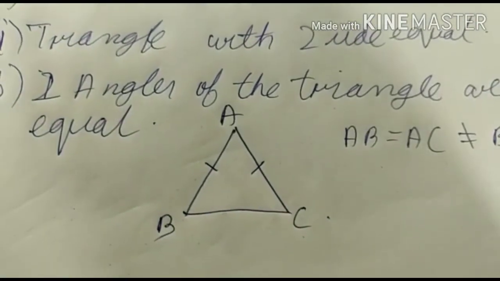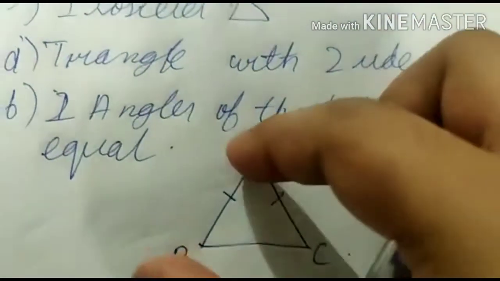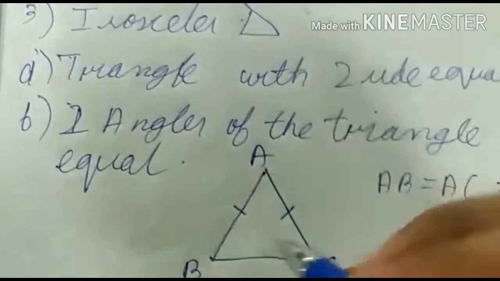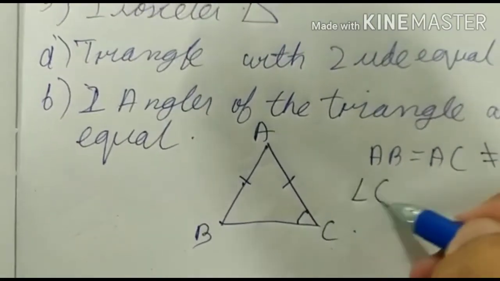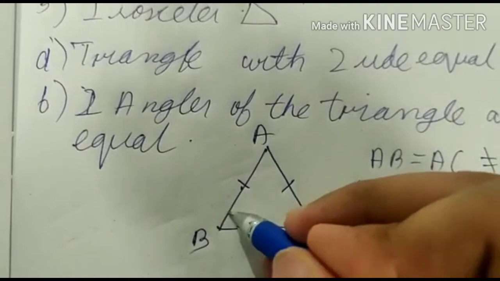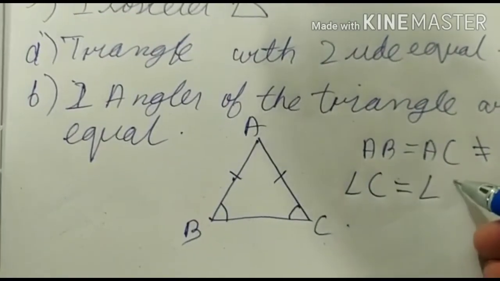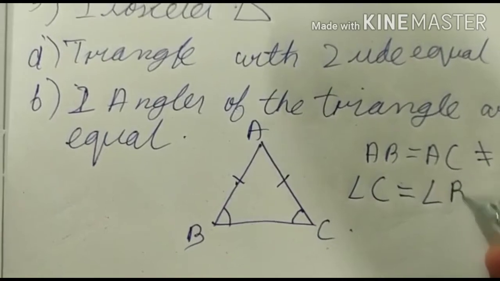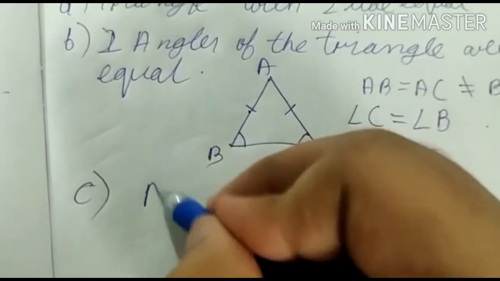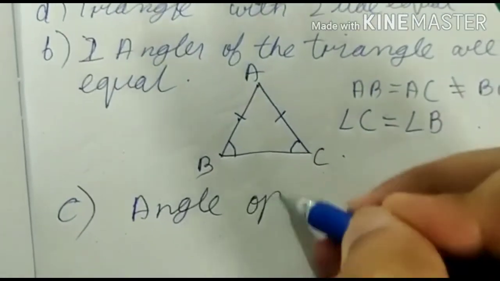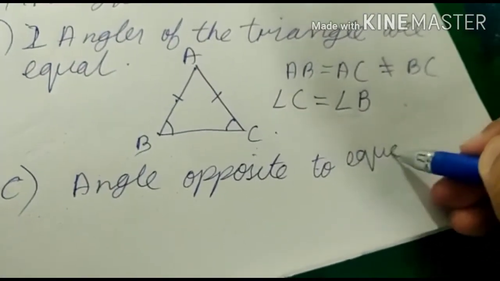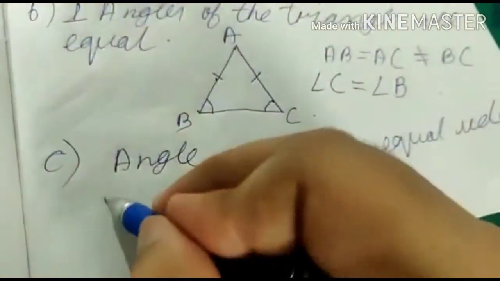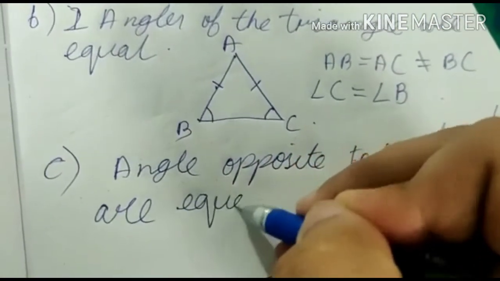And always remember, if AB is equal to AC, then the angle in front of AB is angle C, and the angle in front of AC is angle B. Then angle C will be equal to angle B. This is the important point: angles opposite to equal sides are equal.